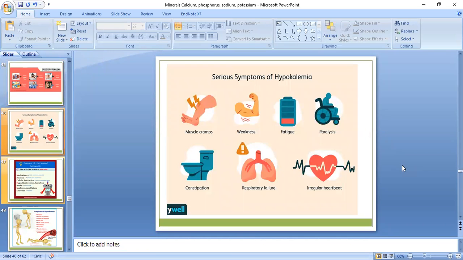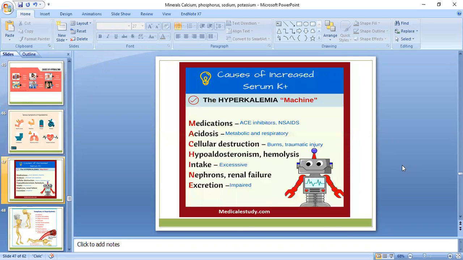Now the symptoms related to hypokalemia are muscle cramps, weakness, fatigue, constipation, paralysis, respiratory failure, and irregular heartbeat. Now the causes of increased serum potassium, that is hyperkalemia. There is a mnemonic for it, that is "MACHINE."